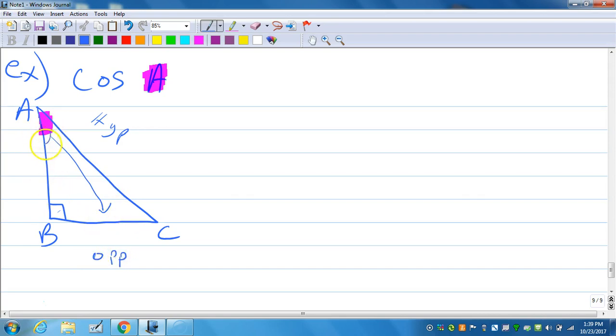And the one right next to the A is the adjacent. So let me tell you the numbers. Let's say this is 24, this is 32, and this is 20.